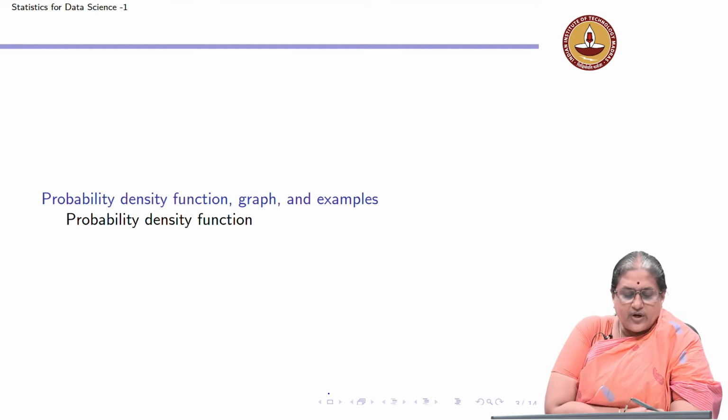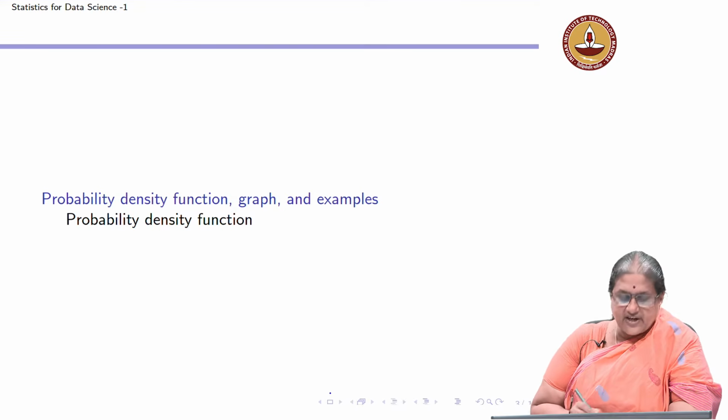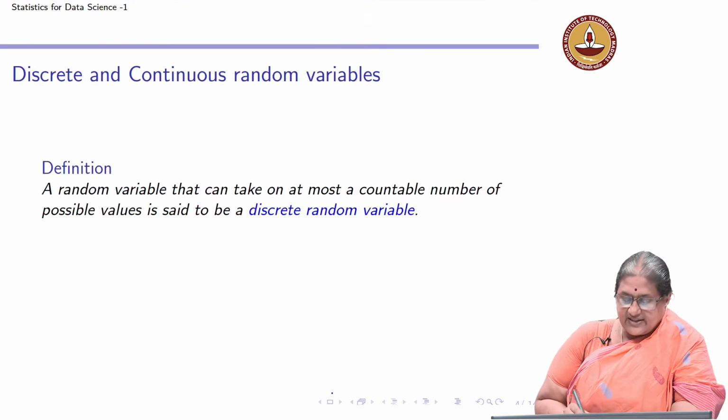First thing is we are going to understand what is a probability density function. Before discussing and defining what is a probability density function, let's recall what we defined when we introduced random variables. We said that there are 2 types of random variables.